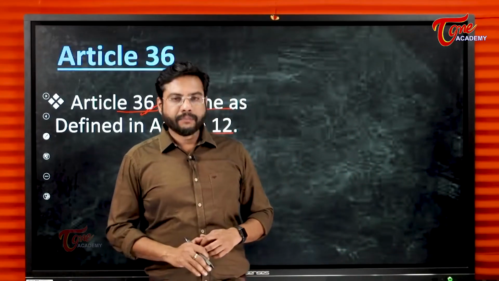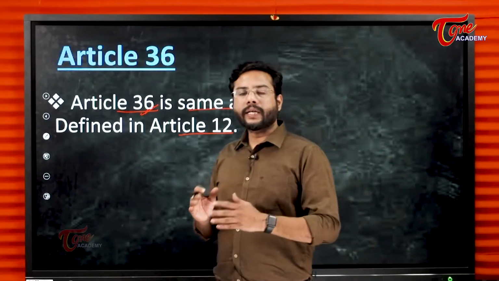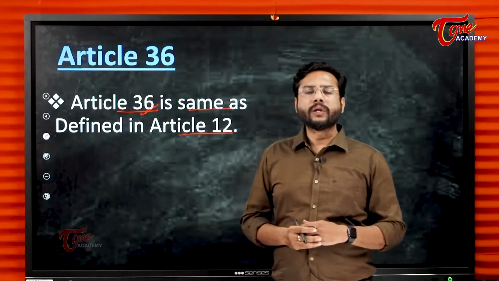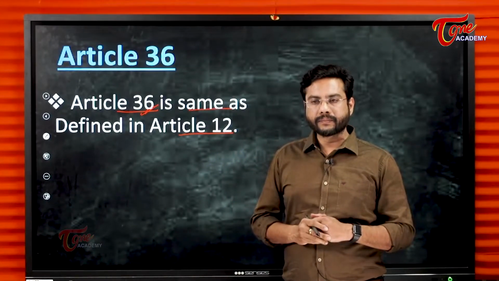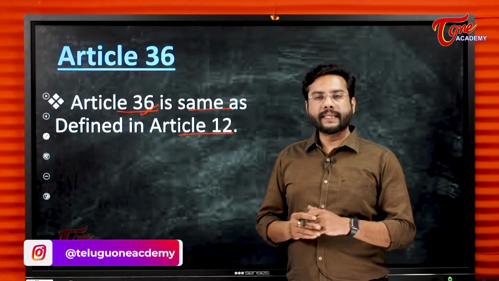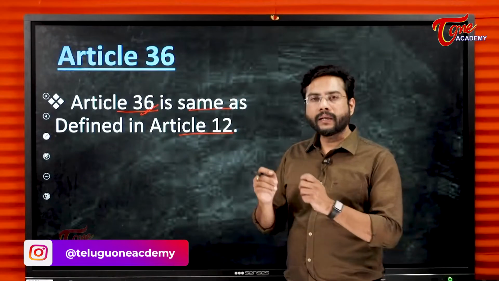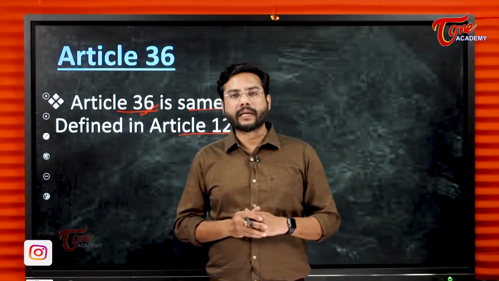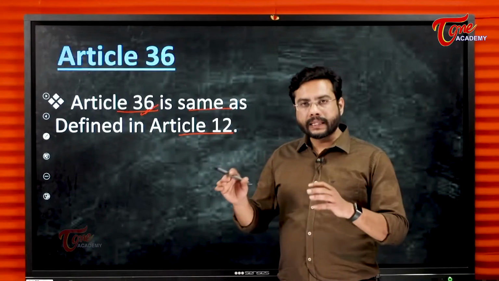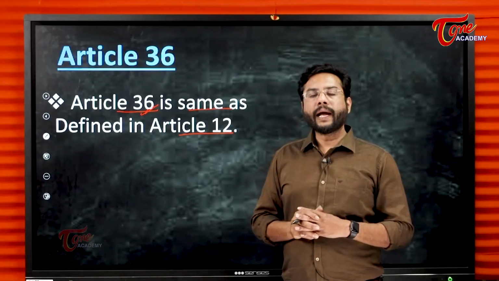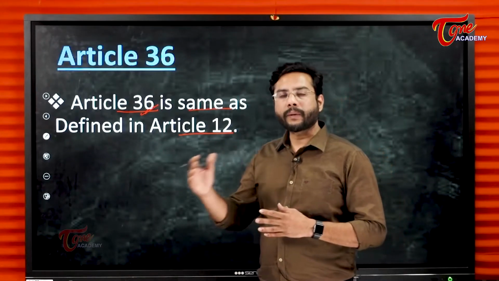Every time we use this word state, the state should bring such laws. So what exactly is the meaning of state? Here, when we say state, it is Parliament and the Union government, that is the central government, the state legislative assemblies and state governments. We have local governments, that is rural government and urban government.